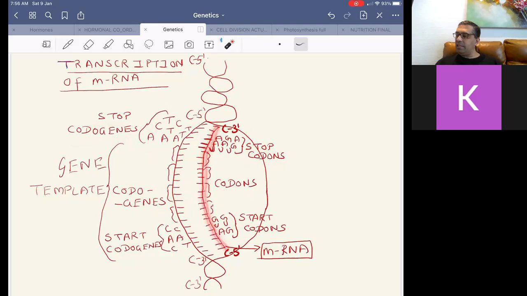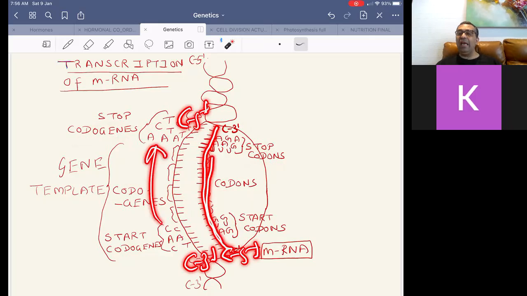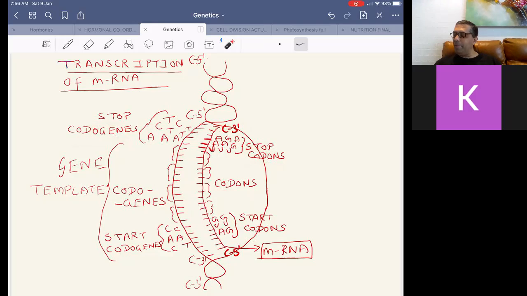and thus an mRNA is produced at the C5 end. By the way, this is the C3 end of DNA, and this is the C5 end of DNA, which is the ascending strand. So mRNA is formed in which polarity? Opposite polarity. In which polarity will mRNA be formed? C5 to C3.